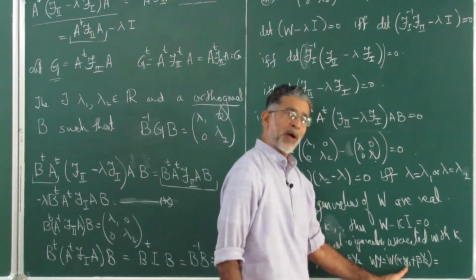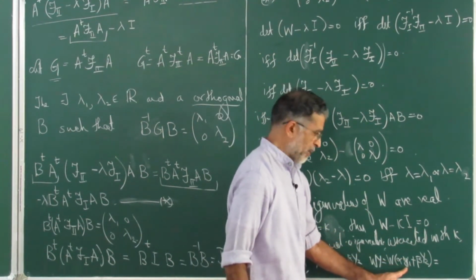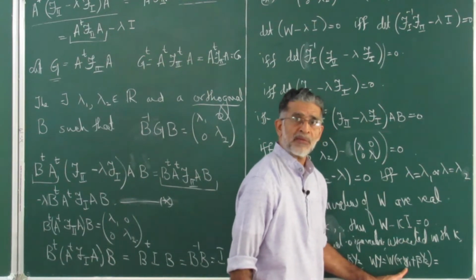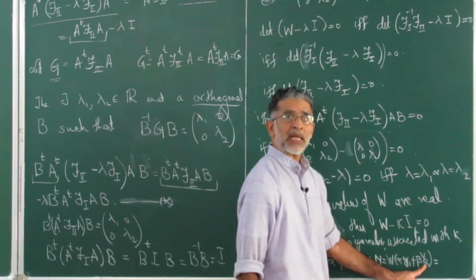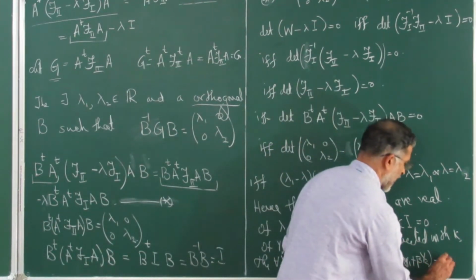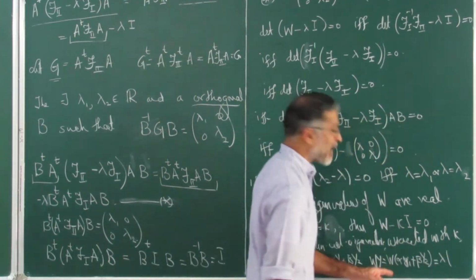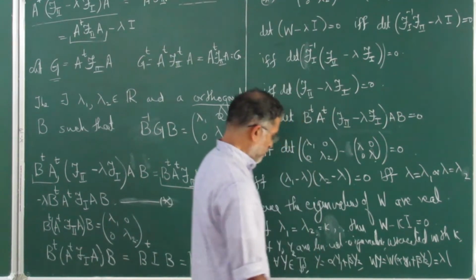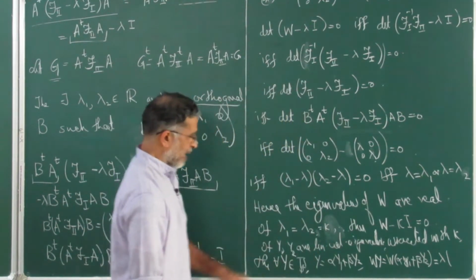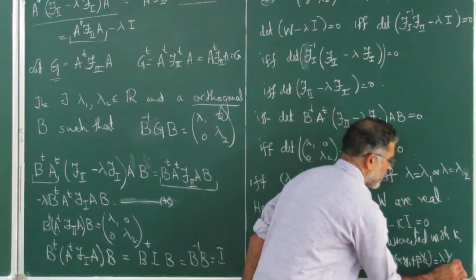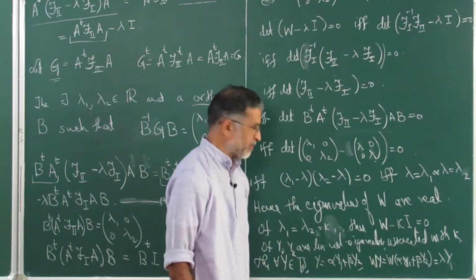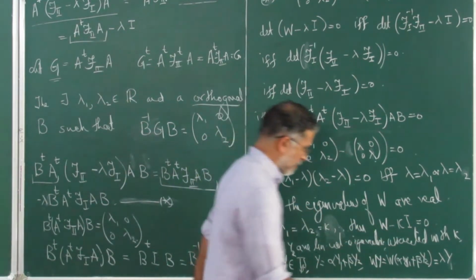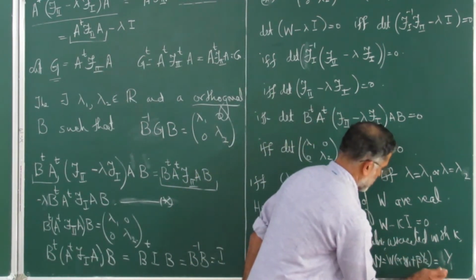Alpha times Wy1, but Wy1 is kappa y1, so alpha times kappa y1 plus beta times kappa y2. If you take kappa outside, it will be alpha y1 plus beta y2, and that is the same as y. In other words, for every y, Wy is equal to kappa y.